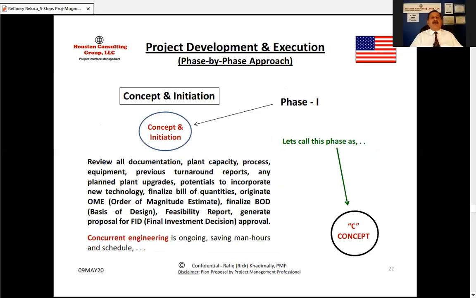So here we are now, the details of each of those phases that I'm talking about. Concept and initiation, which is phase one.